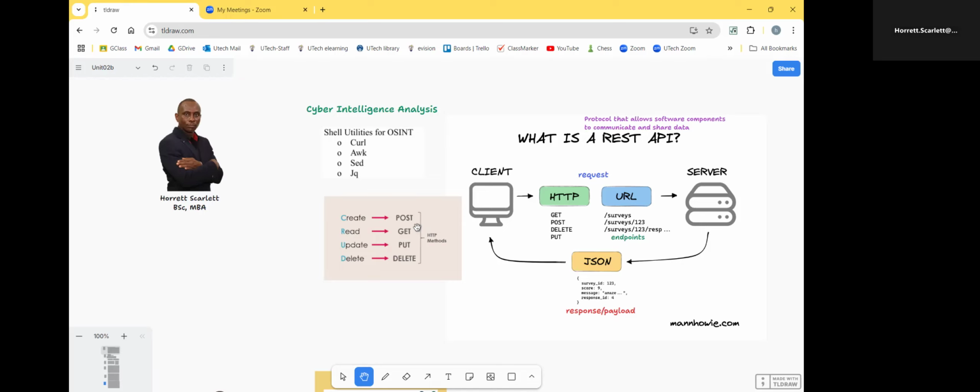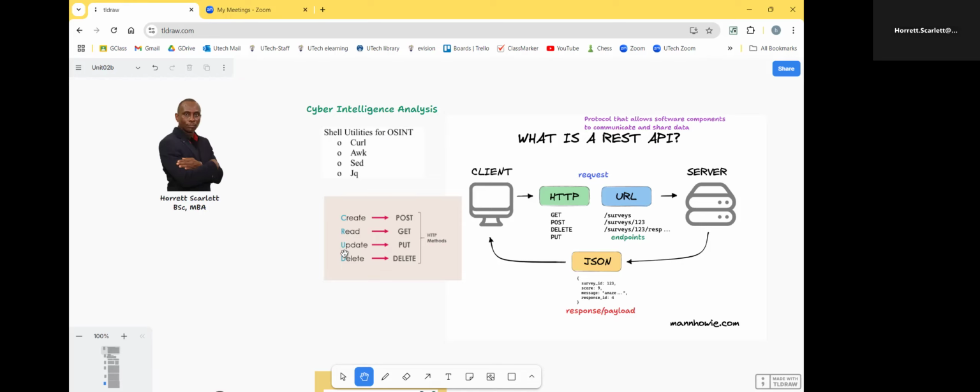Now, the 4 HTTP requests that we spoke about earlier are often used to do CRUD operations. A CRUD operation is a way in which we target external data sources like files and databases. It allows us to either create data by using a post command, read data by using the get command, or update data.